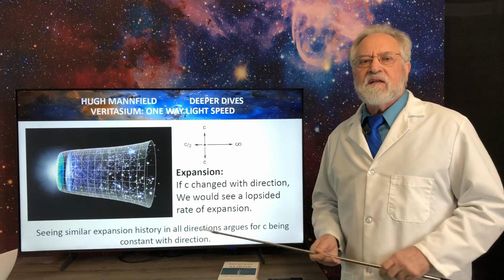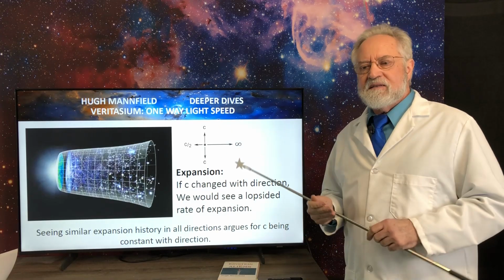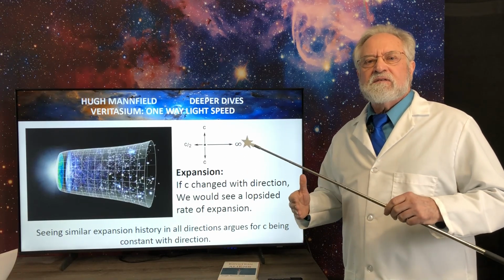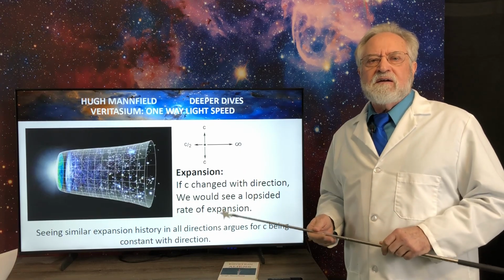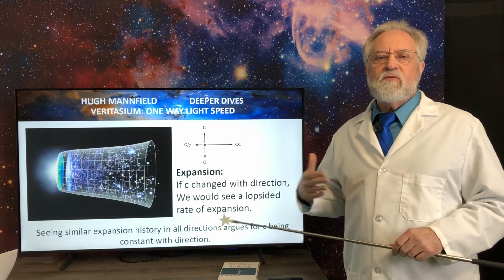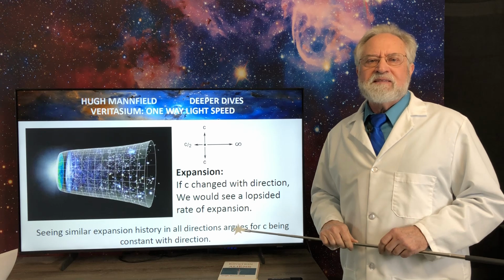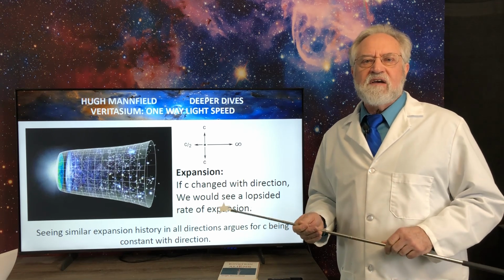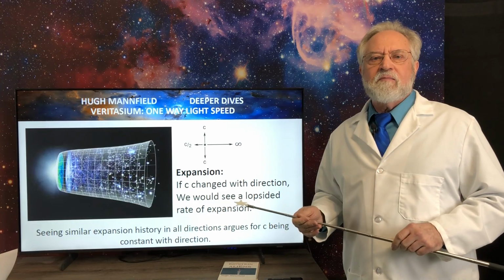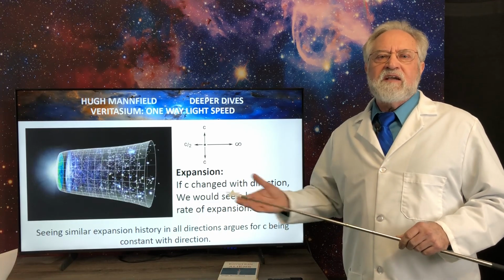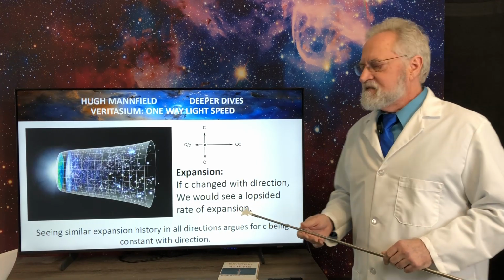So once again, the fact that we see a universe that expands uniformly regardless of direction argues in favor of the one-way speed of light being c, no matter which direction it's traveling. It argues against Derek's proposal or the space-time diagram result of variations in the speed of light with direction.